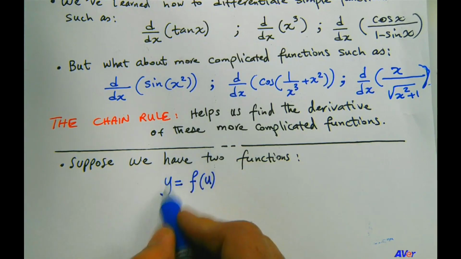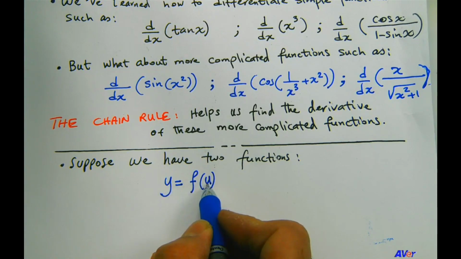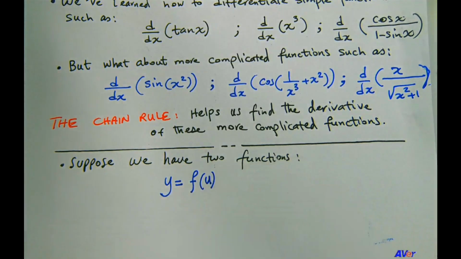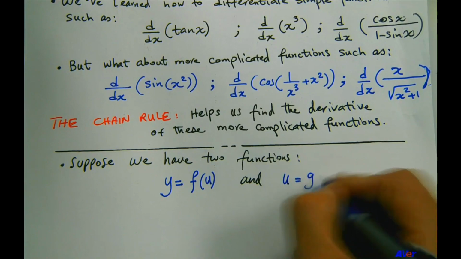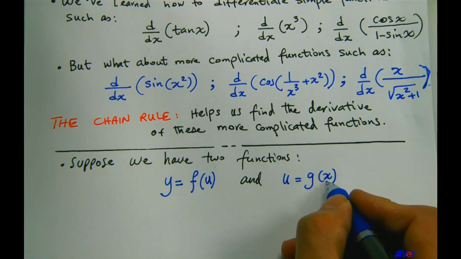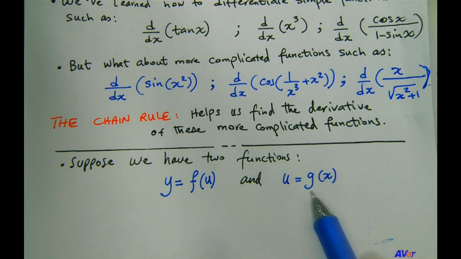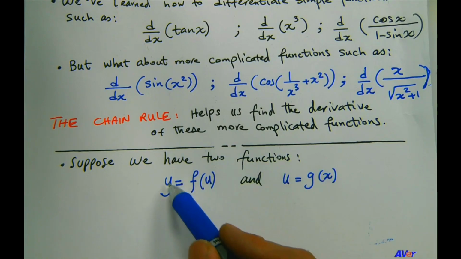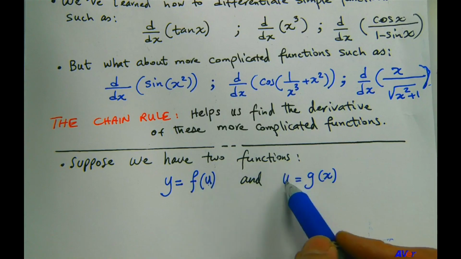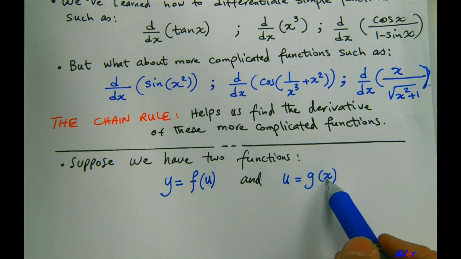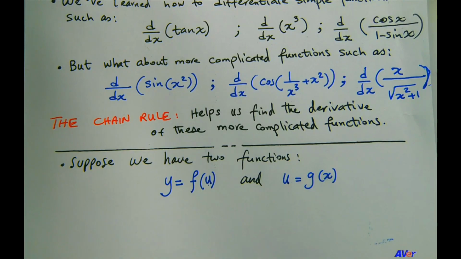So the function y is a function of variable u, and u itself is a function of the variable x. Once again, y is a function of variable u, and u itself is a function of variable x.